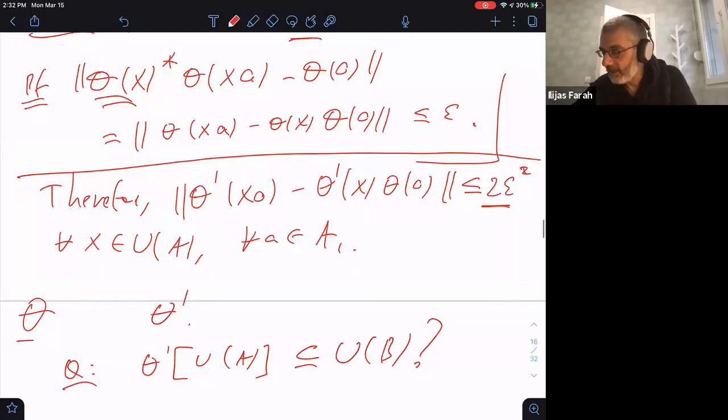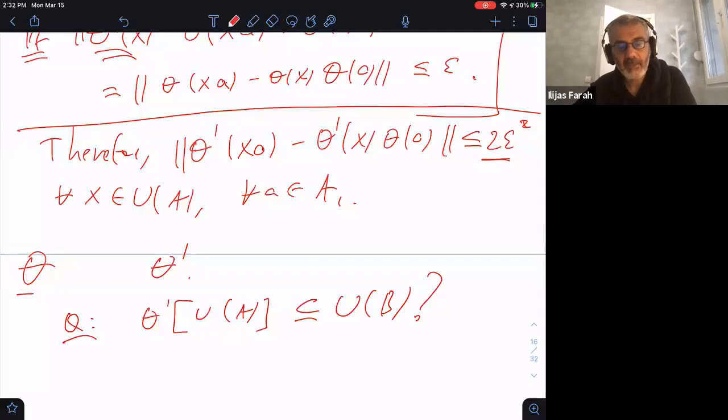And this is the point that I made before I started proving this. When we are applying this theorem, we are going to have just some approximate star homomorphism, which is Borel measurable. We'll first have to correct it to send the unitary group to the unitary group and unit to unit, and then we'll be able to apply this theorem. So this correction needs to be done also before the theorem is applied.